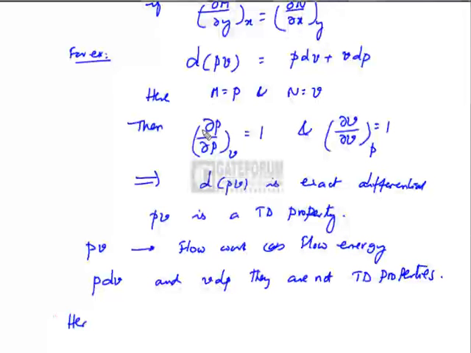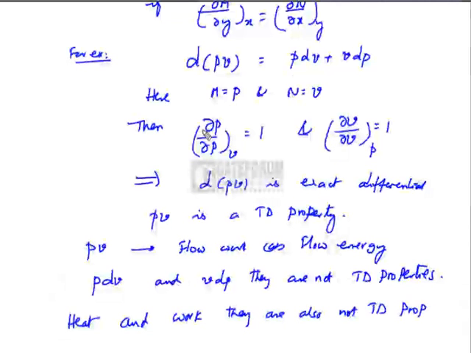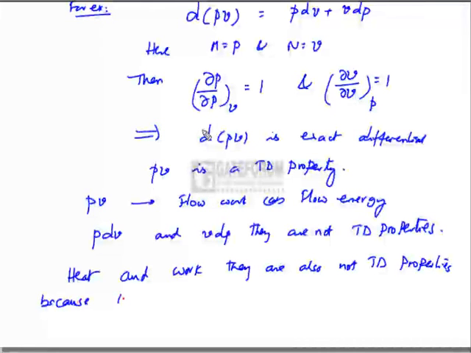Similarly, heat and work are also not thermodynamic properties because they are never possessed by a thermodynamic system. They are energies in transit or energies in exchange between system and surroundings via the system boundary.